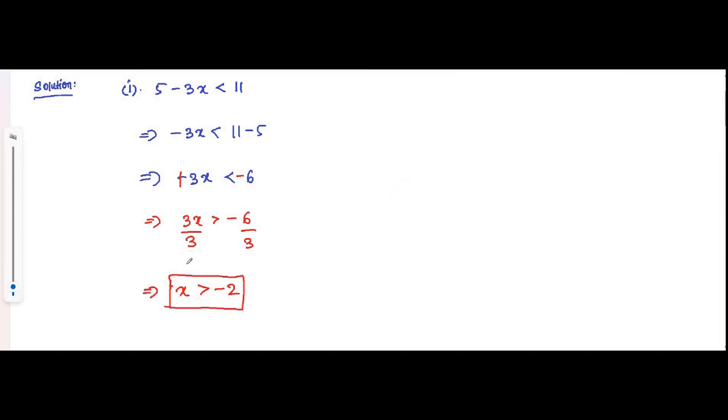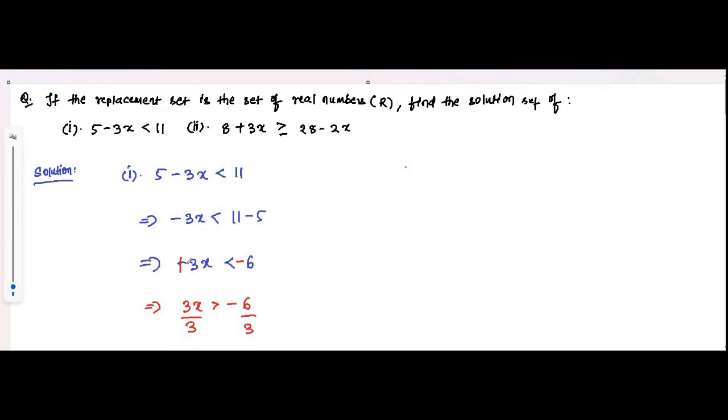So here the replacement set is the real numbers, the entire set of real numbers. So here we have to represent the solution set in this way: x such that x is greater than minus 2 and x belongs to R, where R is the set of real numbers.